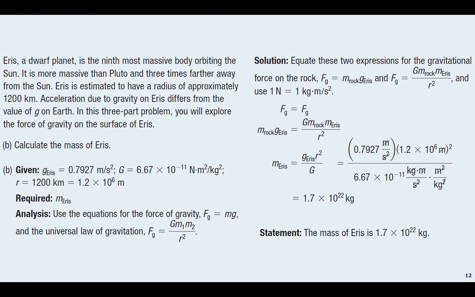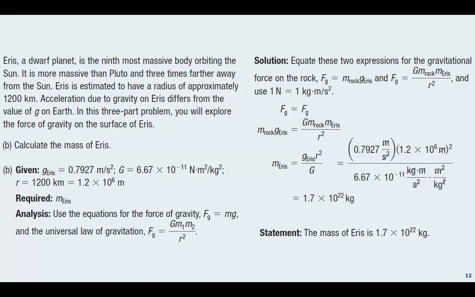To use the equations for the force of gravity, F_g equals mg, and the universal law of gravitation, we have the following relationship: F_g equals G m1 m2 over r squared. So equate these two expressions for the gravitational force on the rock. Then F_g equals m_rock g_Eris, and F_g equals G m_rock m_Eris over r squared.